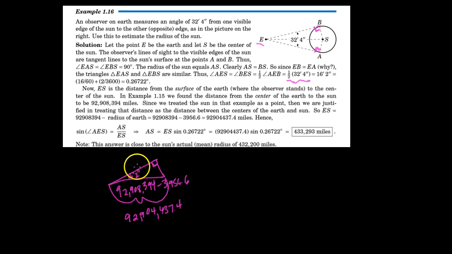Okay, so now they're asking us to estimate the radius from the center of the sun out. Does everybody see that this is the radius here? So we want to find r. In order to do that, I am given this angle right here. Even though it's hard to see, if you get confused on what sides and parts you're given, always go back to the right angle. Where's the right angle in this triangle?